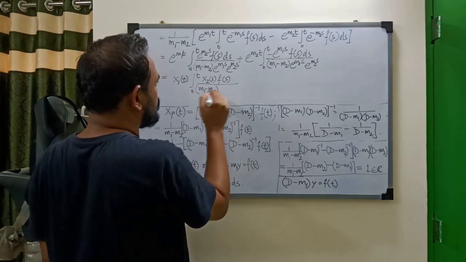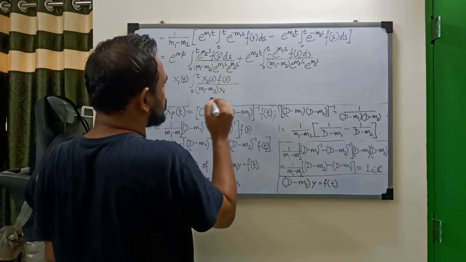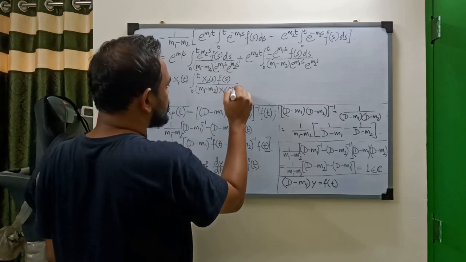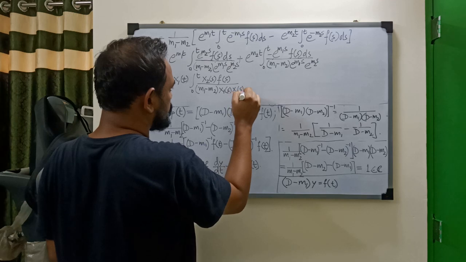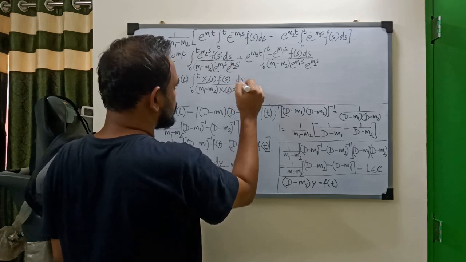I'm going to write it for now, but I will change this. This one is x1(s) and x2(s) ds.